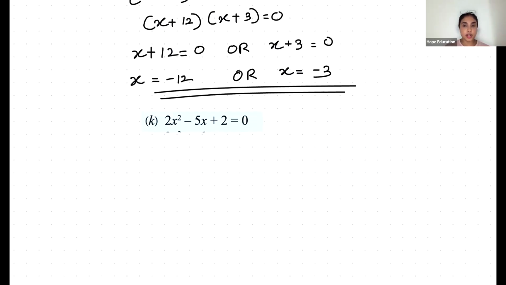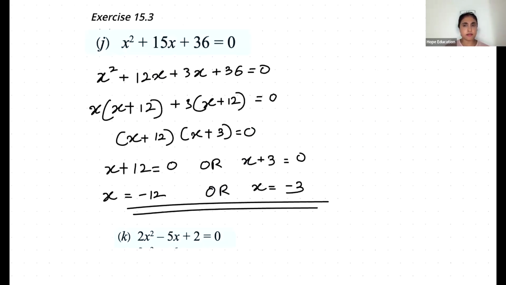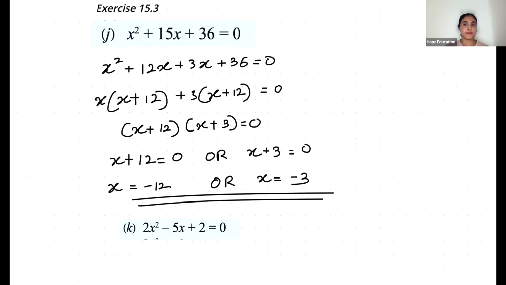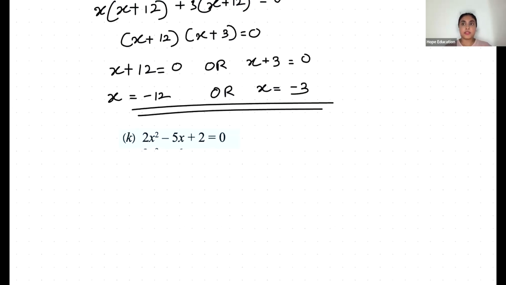Did you all understand J? Not very responsive. Okay, now try K. Once we're done with this, let's move on to parallelograms.